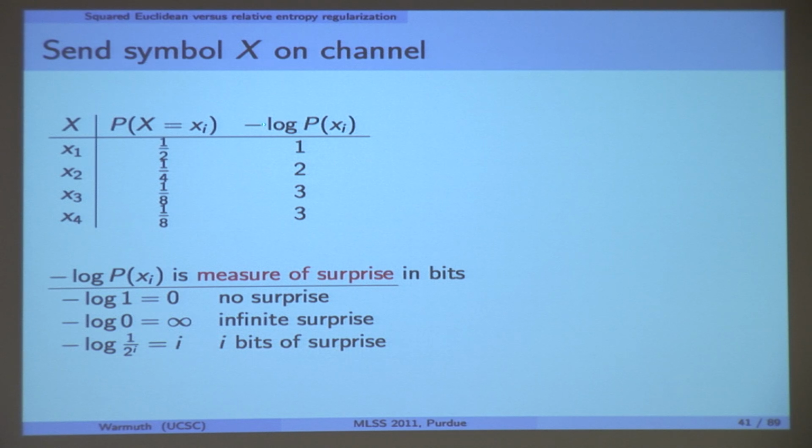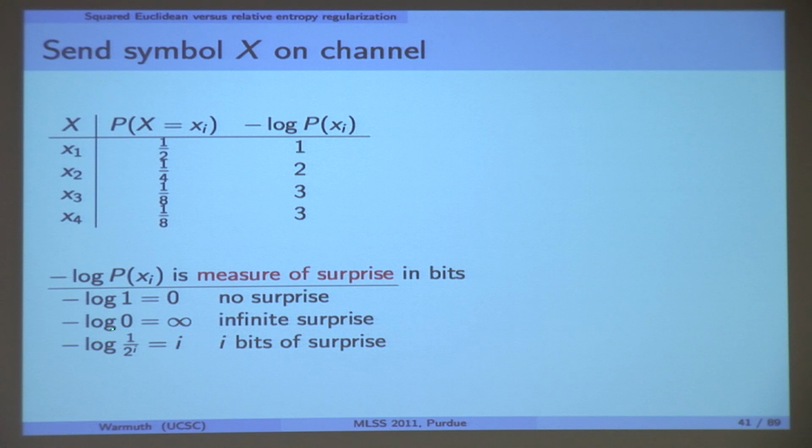This is what you use as your measure of surprise: minus log of p_i. You are a little bit surprised when you see the half outcome, but if you see the eighth outcome, you're more surprised. The surprise is measured in bits. If you're absolutely certain of your outcome, then there's no surprise.